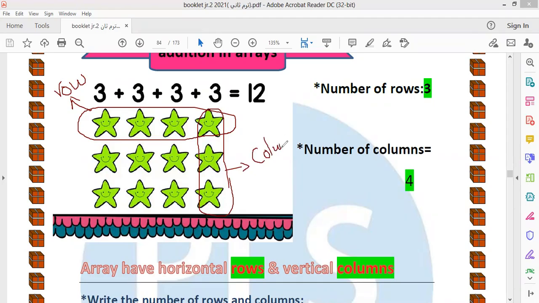Column. Excellent. Okay, so array have horizontal rows, and the vertical columns, okay?